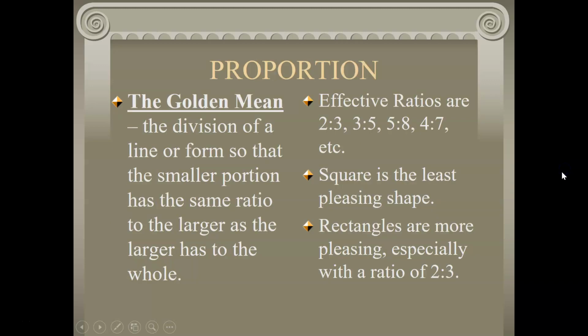Proportion, the golden mean: the division of a line or form so that the smaller proportion has the same ratio to the larger as the larger has to the whole. Effective ratios are 2 to 3, 3 to 5, 5 to 8, and 4 to 7, etc. Square is the least pleasing shape.